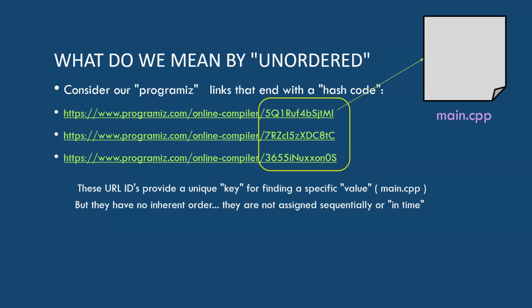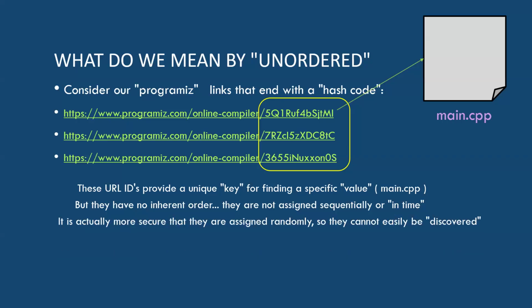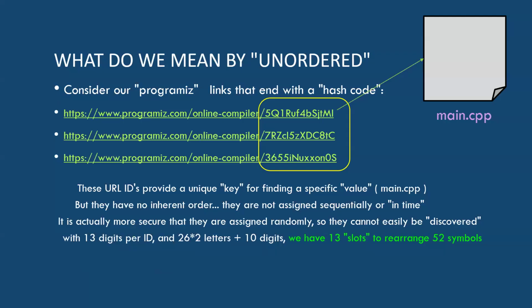So when you look at that, you might think, couldn't they run out of those, or wouldn't there be some collisions? It turns out if you have 13 digits, which is what they have, and every digit can be one of 26 characters in upper and lower case, plus 10 numeric digits, 0 through 9, that's 13 slots, or 13 columns of data, with a total of 52 symbols.